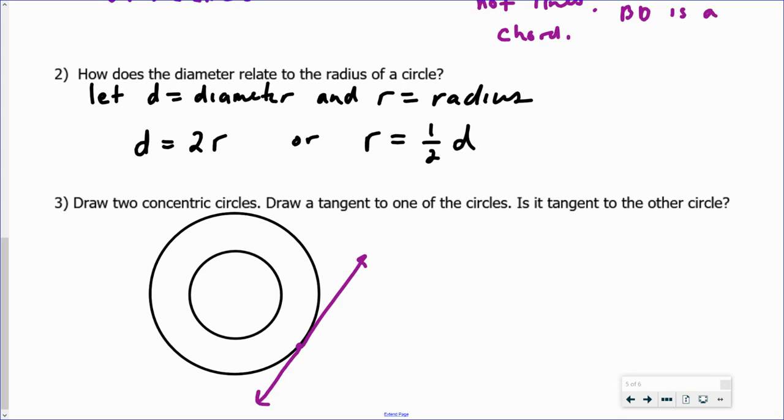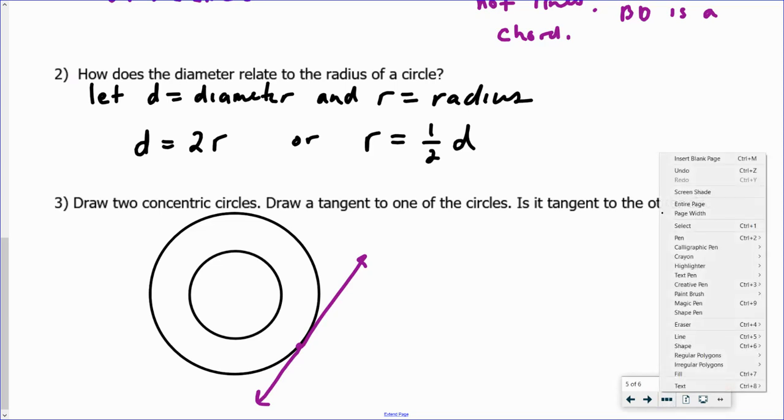Now clearly we can see that this line is not going to be tangent to the inner circle, because in this case that line is not going to intersect the inner circle at all.